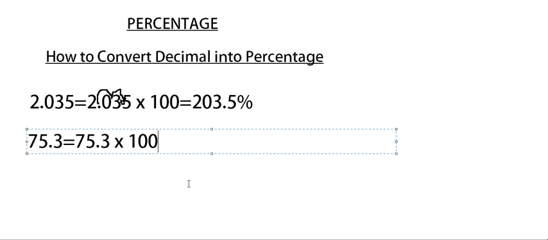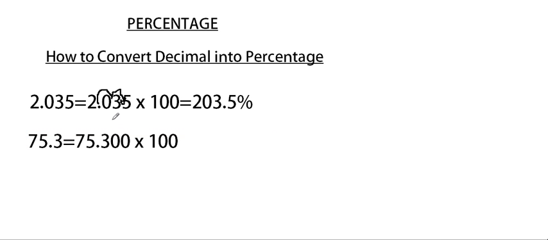So I will write few more zeros and then show you the placement. Right. Now I will show you how you can place the decimal. 1, 2. So it becomes 7530.